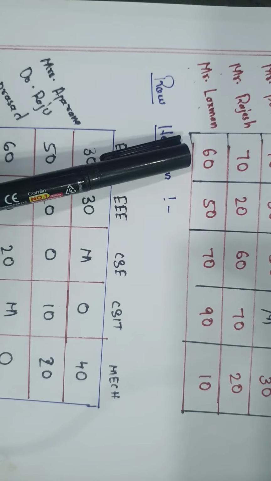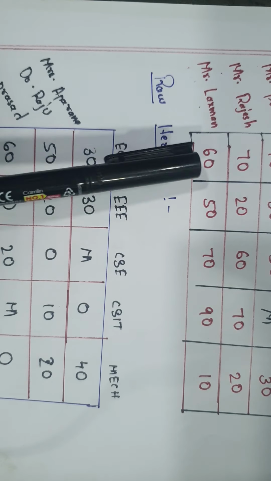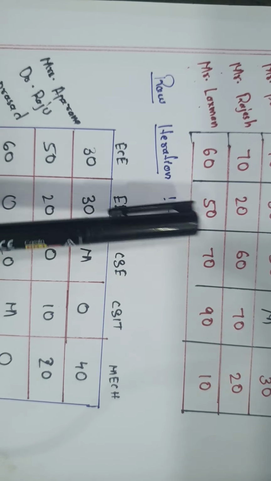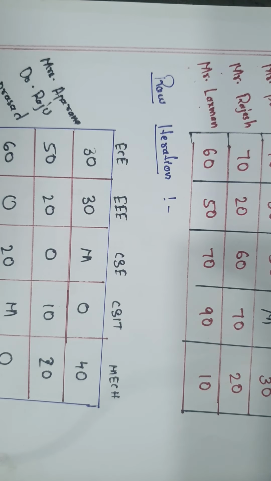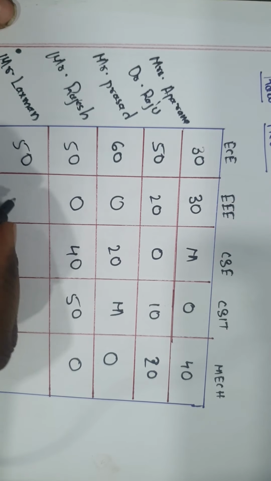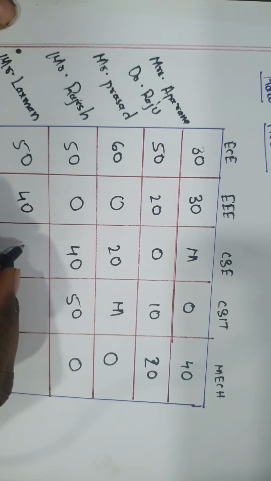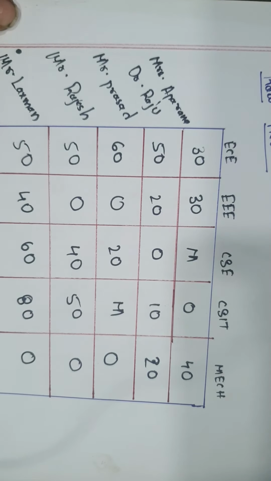And the last one: 60, 50, 70, 90, 10. The least value is 10. So 60 minus 10, 50 minus 10, 70 minus 10, 90 minus 10, 10 minus 10. So this one will become 50, this one 40, next one 60, next one 80, and 10 minus 10 will be 0.